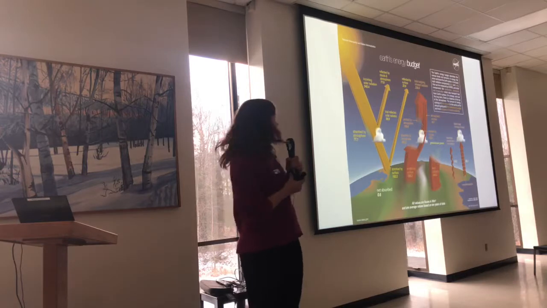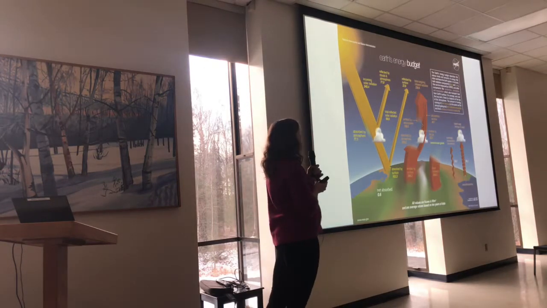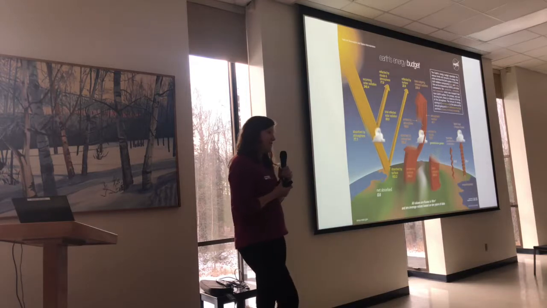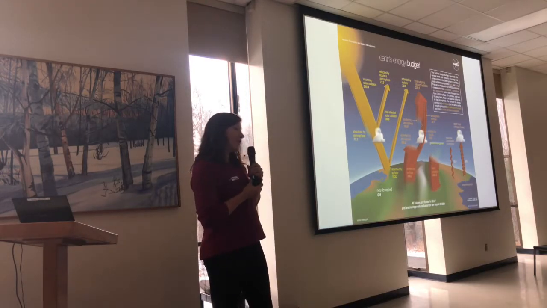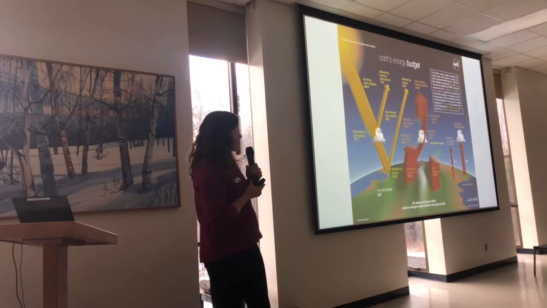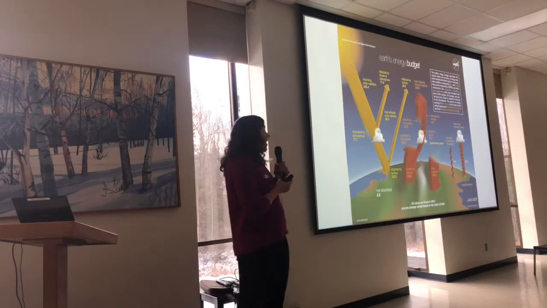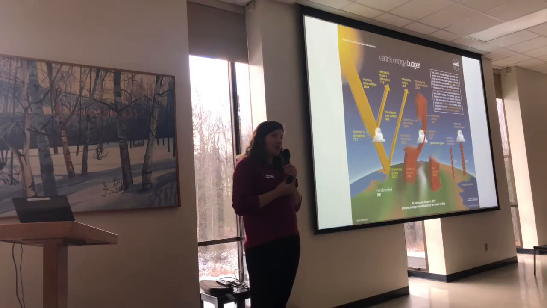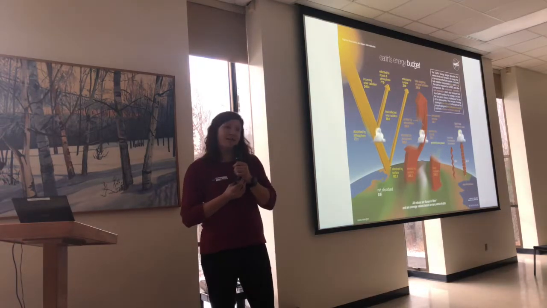Okay, so we're going to get into the energy budget a little bit. All of the energy on the planet Earth basically comes from the sun, and it comes in as shortwave radiation, which is then either absorbed by the surface or reflected. And it can also be absorbed by the cloud layer or reflected. And then the Earth re-emits that energy as long-wave radiation, which is heat, essentially.